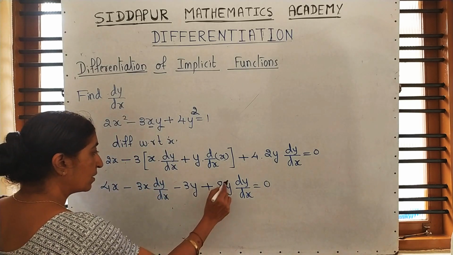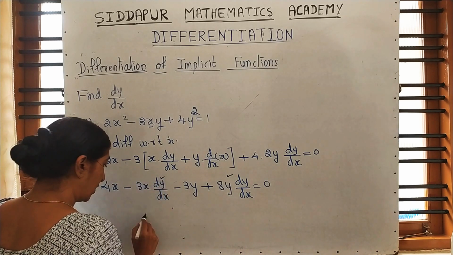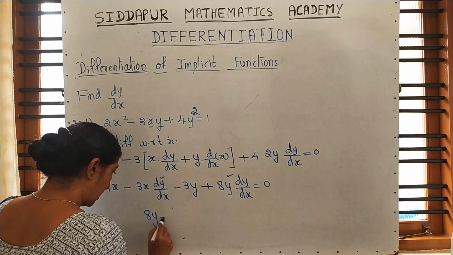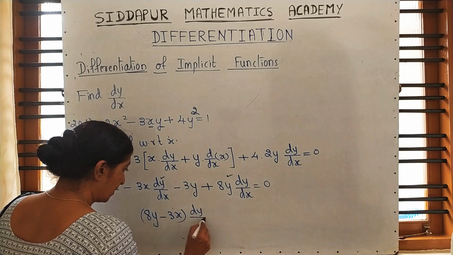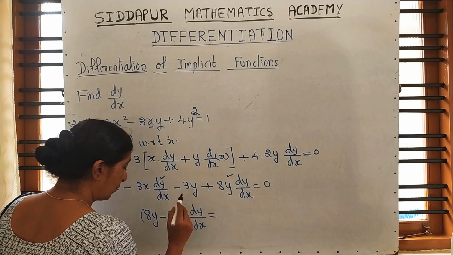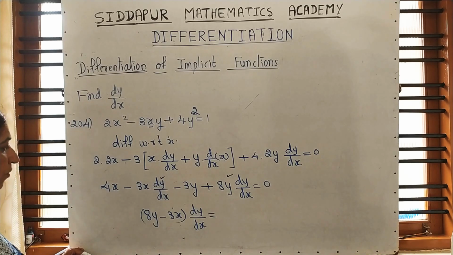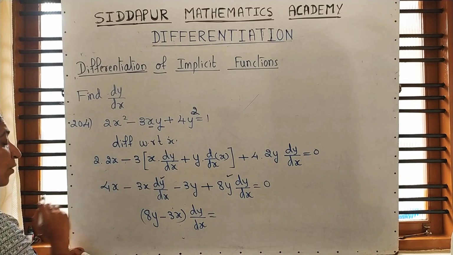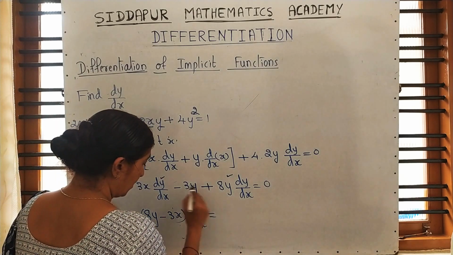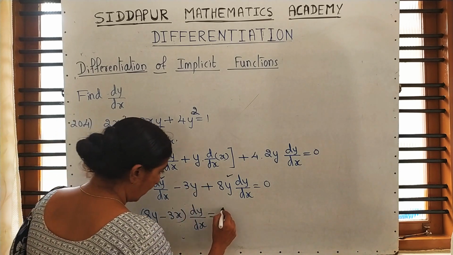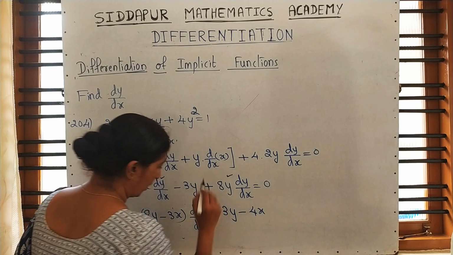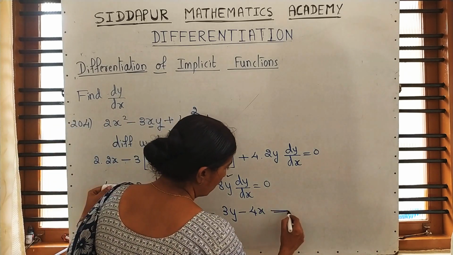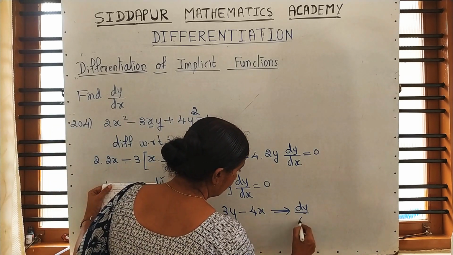Now write down the terms with dy upon dx on the left side as it is: 8y minus 3x. This is the term with dy upon dx and I took dy upon dx common. Now take the terms without dy upon dx: this 4x and minus 3y. Minus 3y becomes plus 3y, 4x becomes minus 4x.